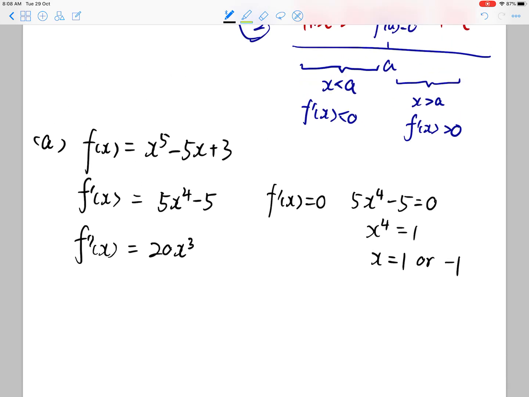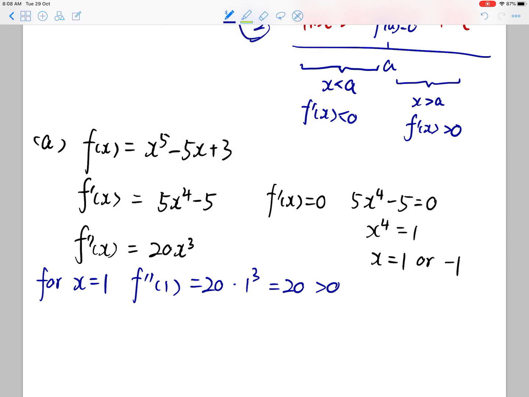So for x equals 1, your second order derivative is 20 times 1 cubed, which is 20, greater than 0.